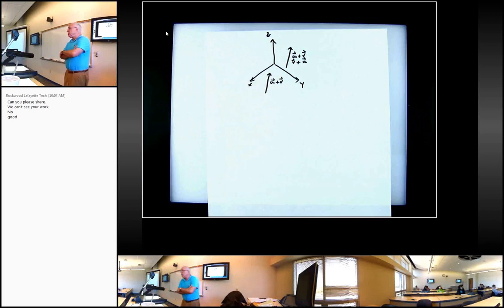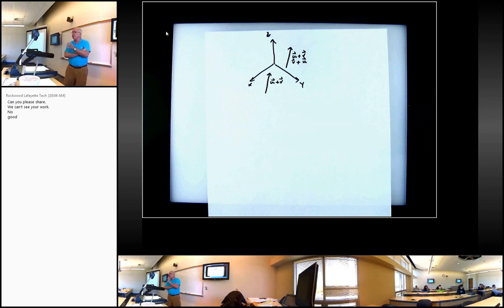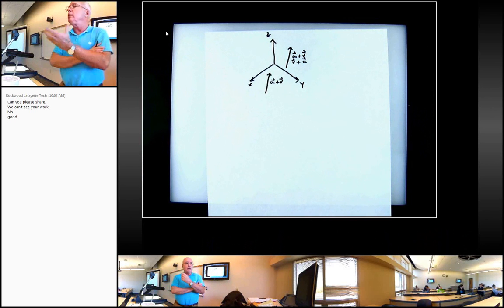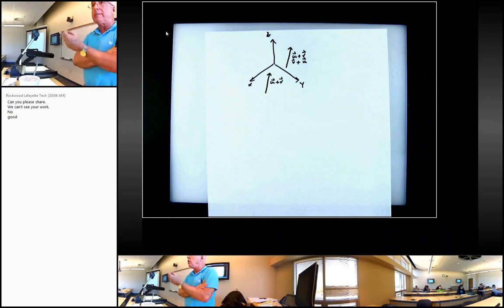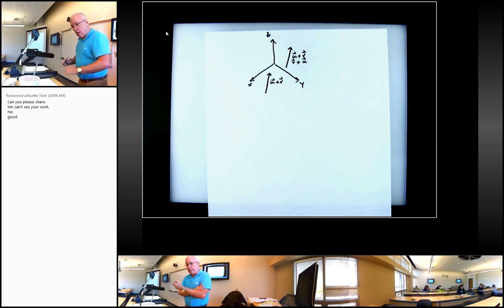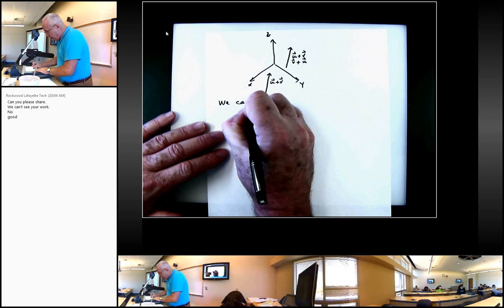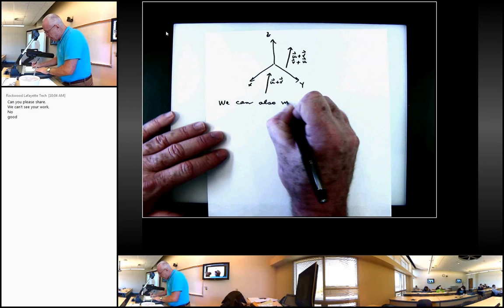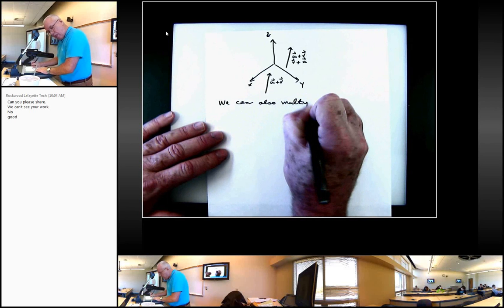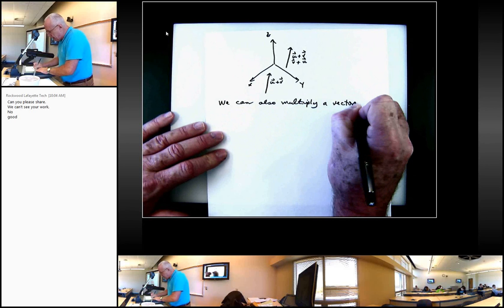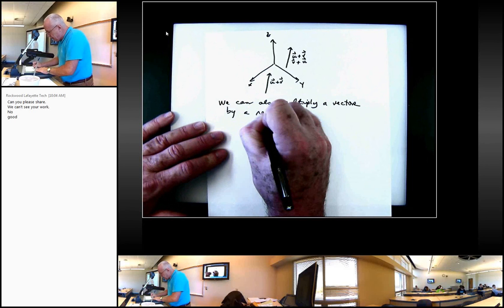Another thing we can do with vectors, besides adding them together, is multiply a vector by a number. For terminology purposes, we call a plain old number a scalar. So we can also multiply a vector by a real number, any real number.